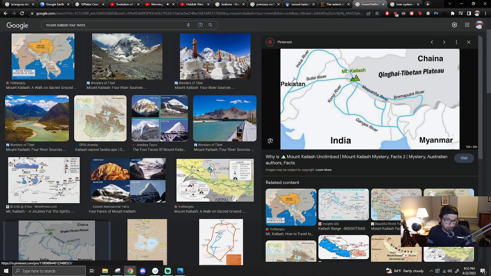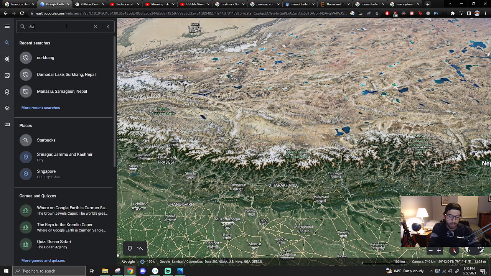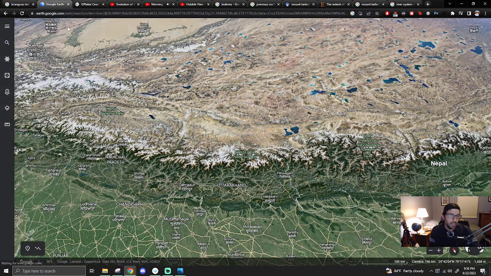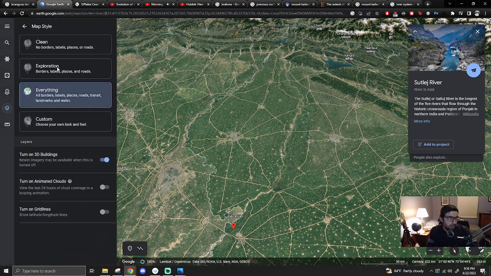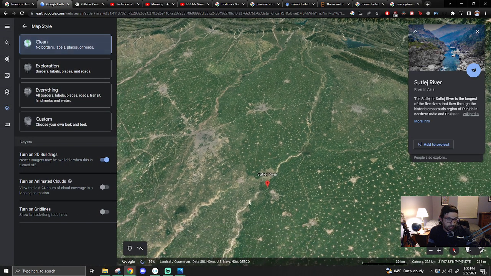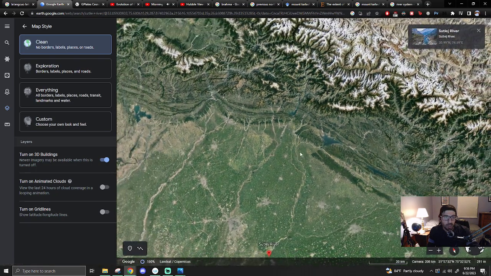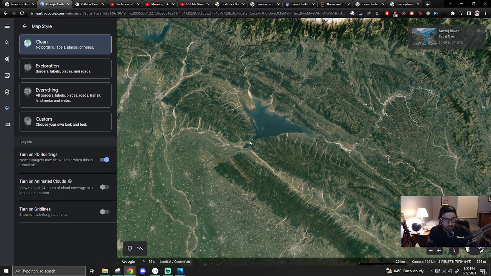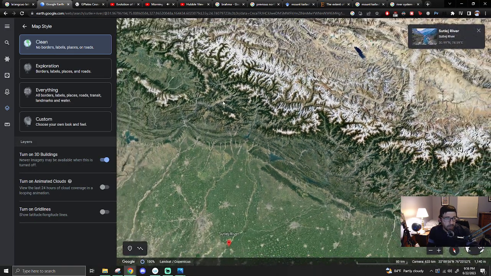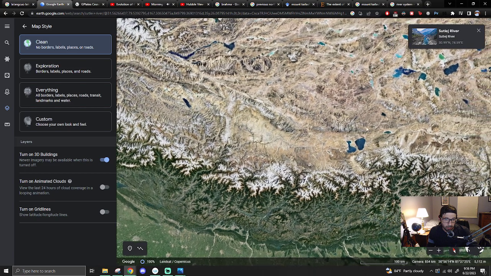That Sutlej River, if we can find it in the Himalayas, would be good. So I guess that's this one. I don't know where it goes through the Himalayas. Somehow it goes all the way to Mount Kailash.